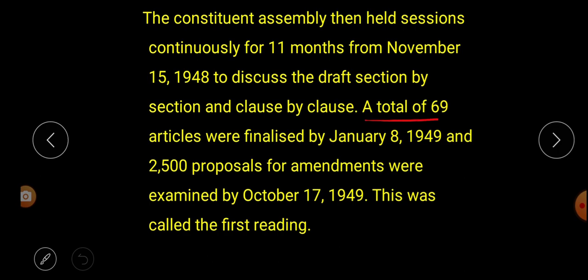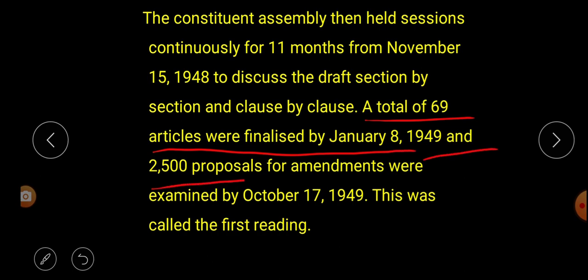Thereafter what happened? A total of 69 articles were finalized by January 8, 1949, and 2500 proposals of amendments were examined by October 17, 1949. Listen carefully. 69 articles were finalized on January 8, 1949.